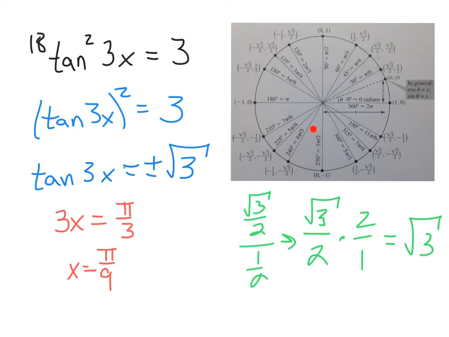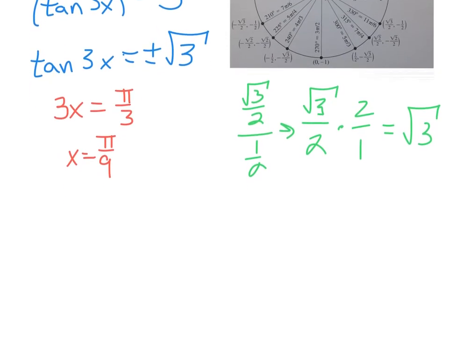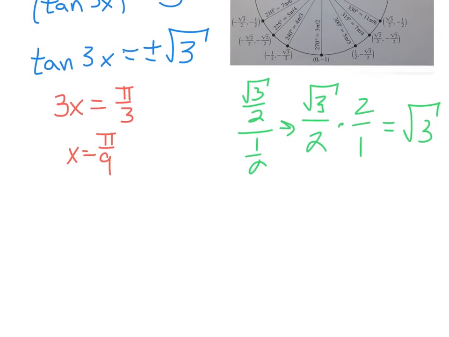So another place would be 4 pi over 3. And then to divide by 3, we would get 4 pi over 9.